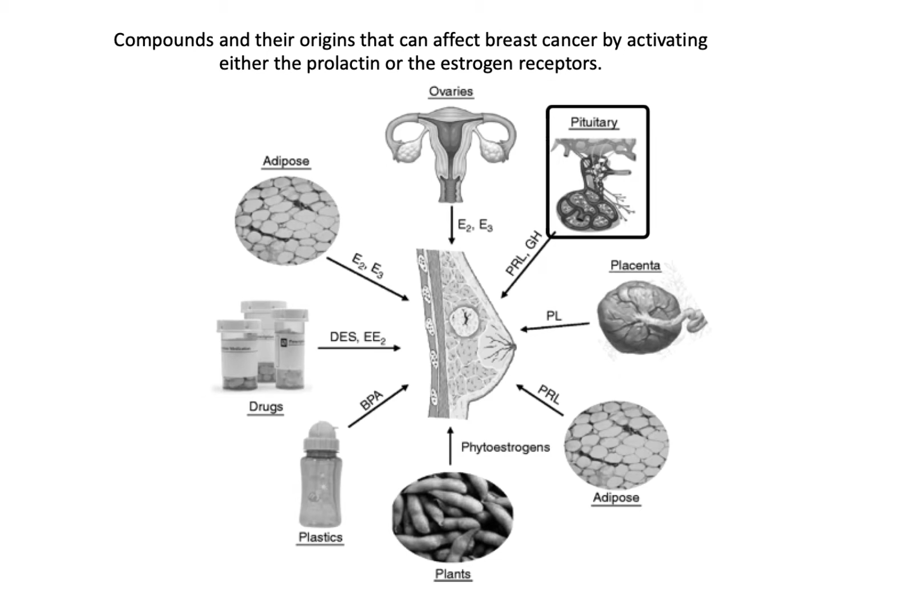Growth hormones, such as those coming from the pituitary, can enhance cell division by acting on the estrogen receptors, and then the placenta also forms hormones that can increase cell growth and division. Again, fatty tissue can produce more prolactin, which also is a stimulator of cell division.